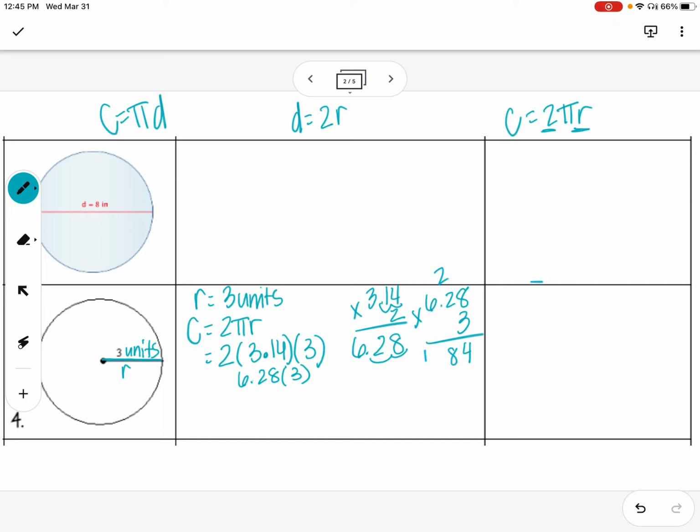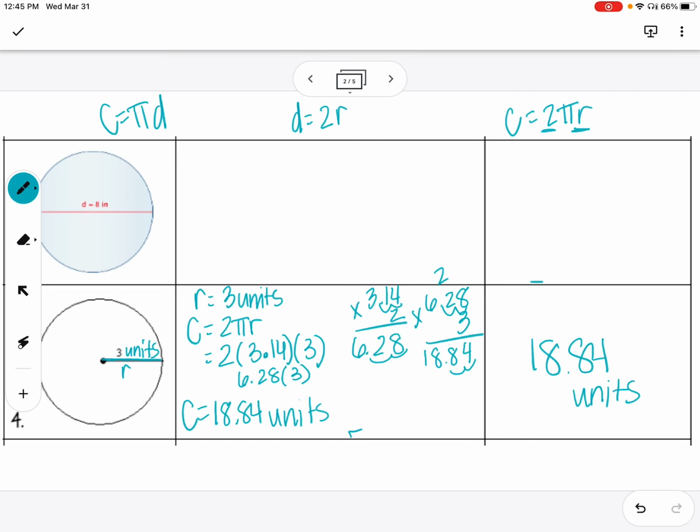And 3 times 6 is 18. I have 2 decimals here, so I'm going to write my decimal point 2 places over. So my circumference is equal to 18.84 units. So over here, my answer is going to say 18.84 units.